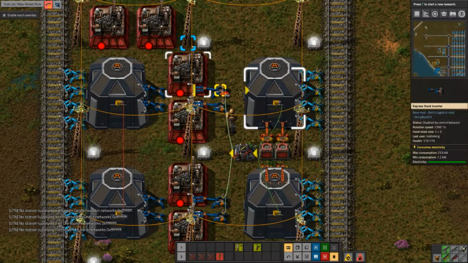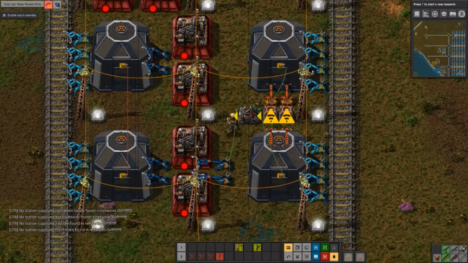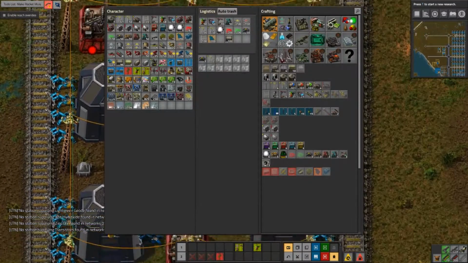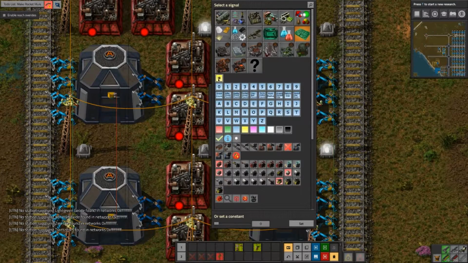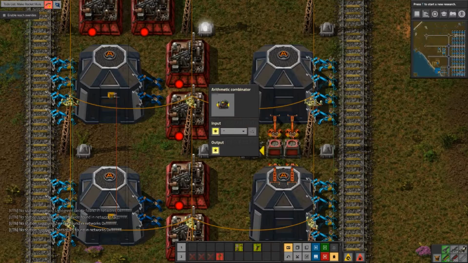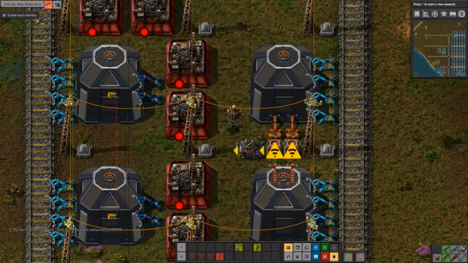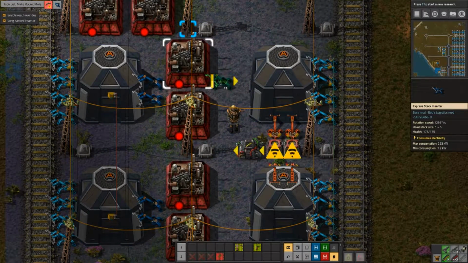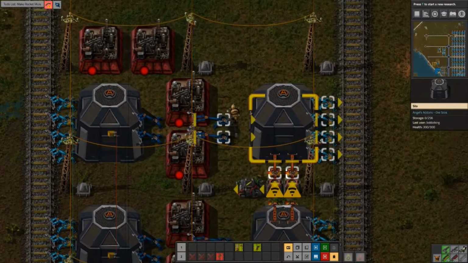Then you combine this up with red, but then they're still connected. Yes, they are. Never mind. Staying true to myself and keeping it simple. Even though it's more work, it's more simple.